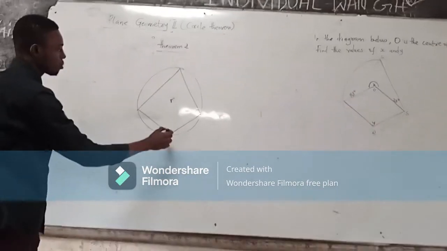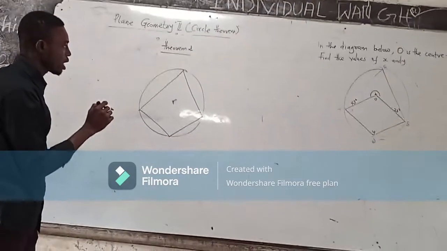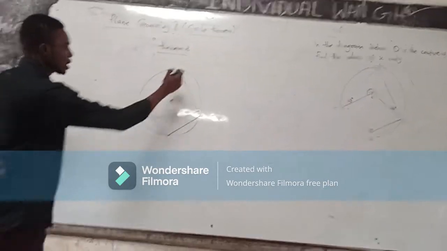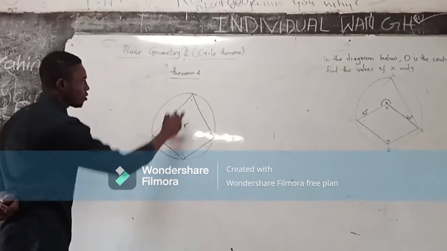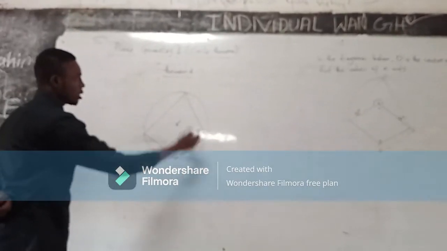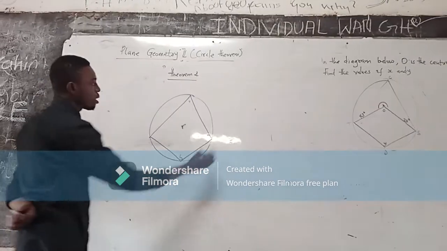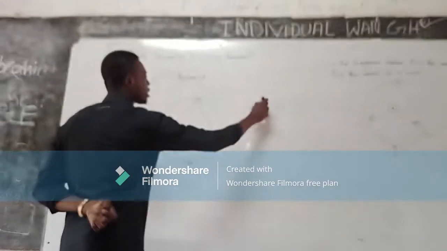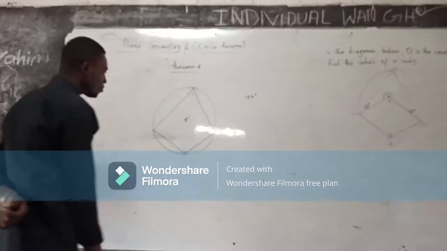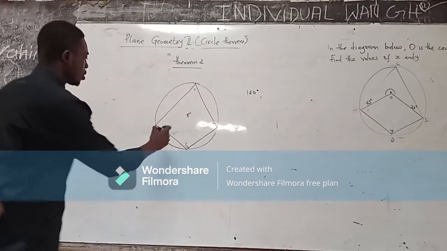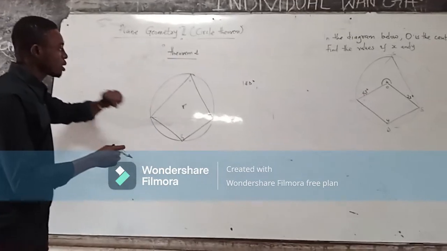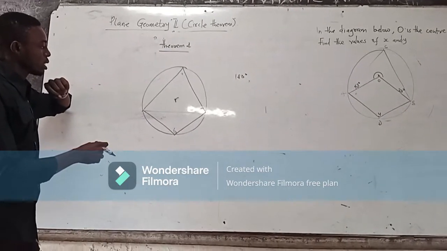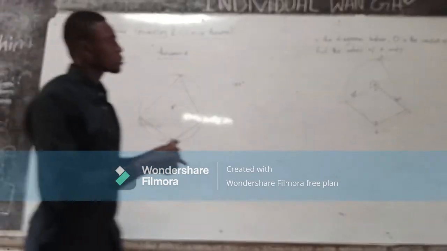So the rule is saying that if we have angle A and angle B, we have to add the two to get what? 180 degrees. So that is the rule. Let's try this one and see.